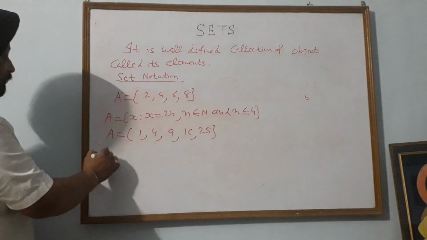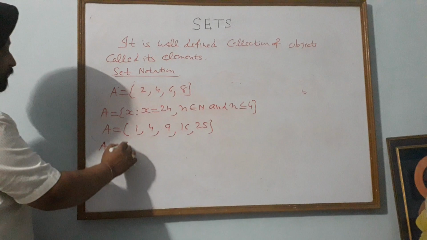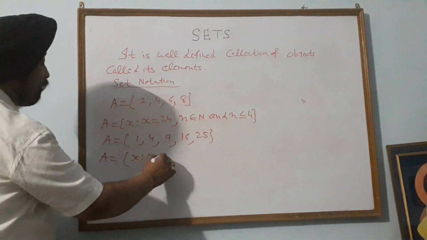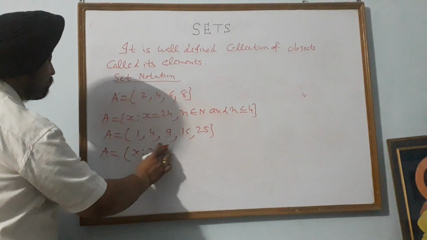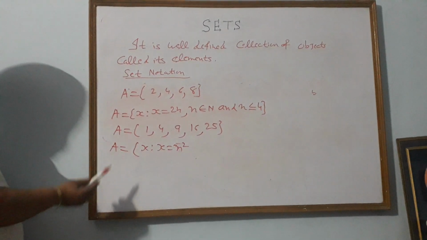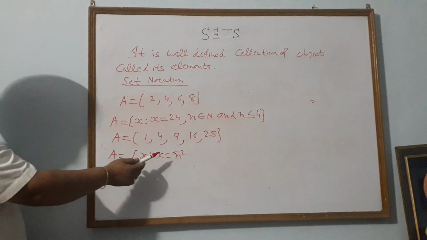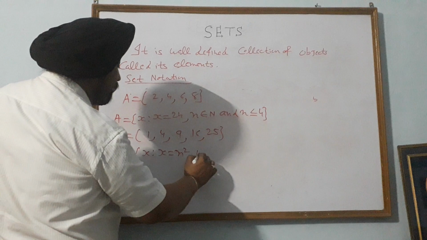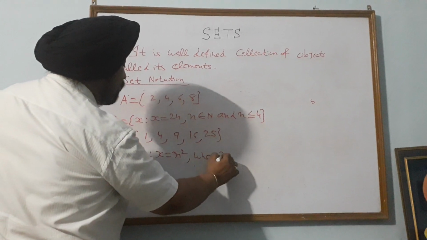So A in set builder form we write: x such that x is equal to n square. We read it like this: A is a set of all x such that x is equal to n square, where again n belongs to N.